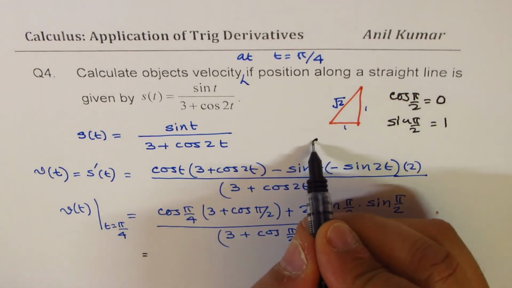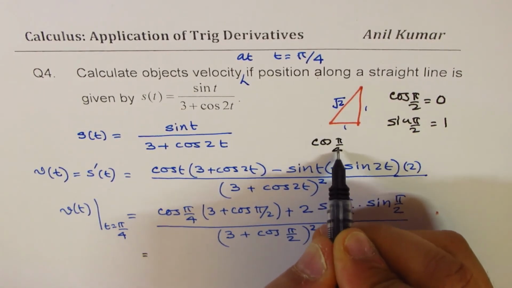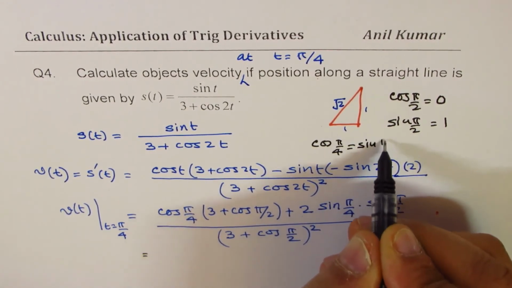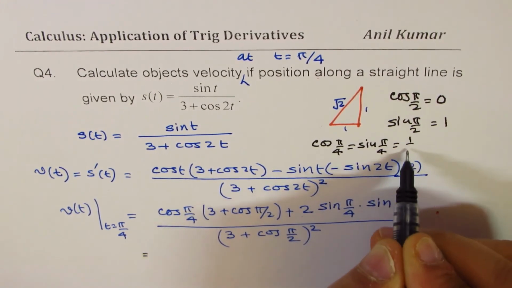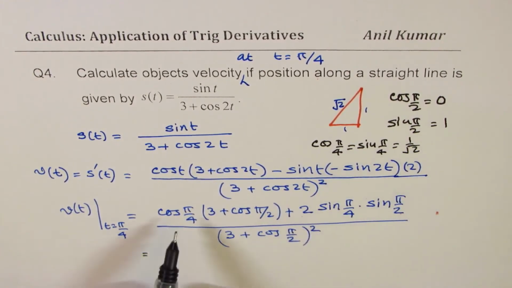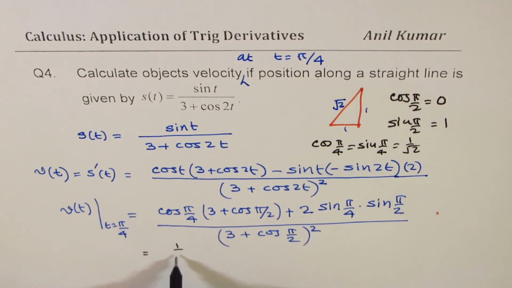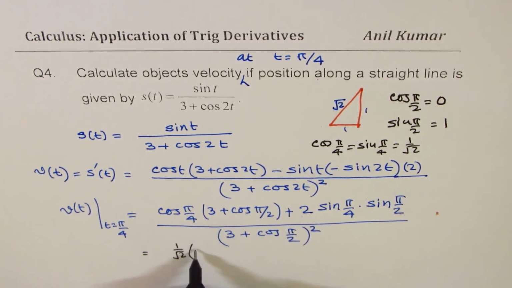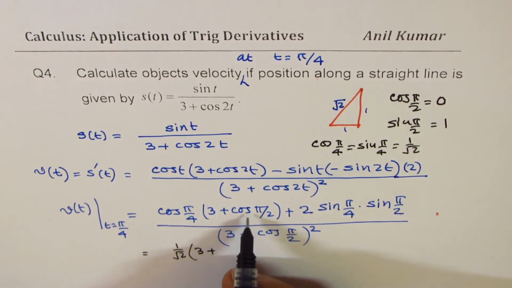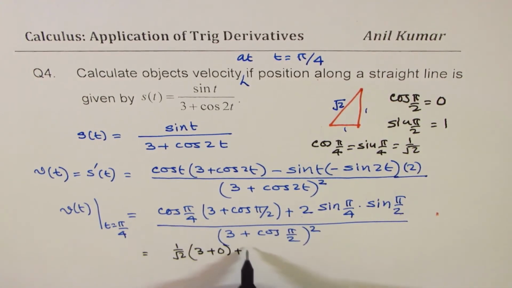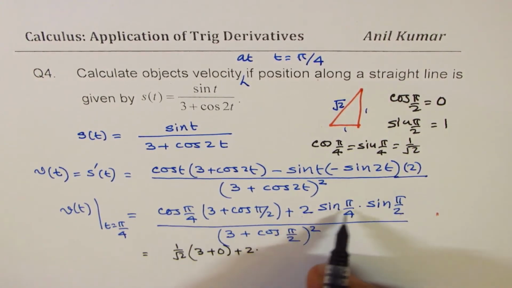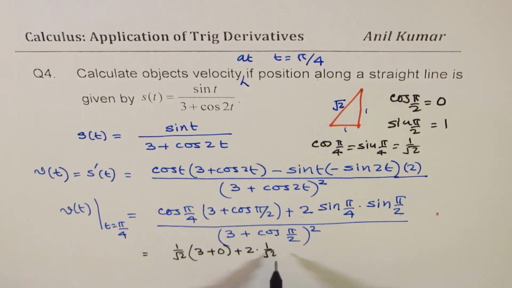Cos pi by 4 equals sine pi by 4, which equals 1 over square root 2, correct? So these values are 1 over square root 2 within brackets 3 plus 0 plus 2 times 1 over square root 2, and this is 1, divided by 3 plus 0 whole square.